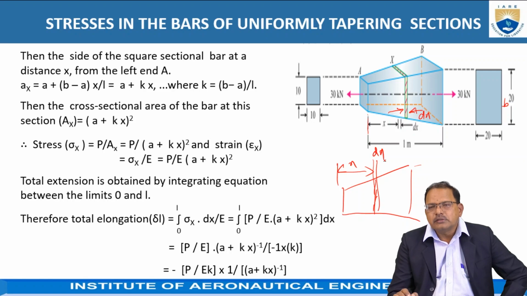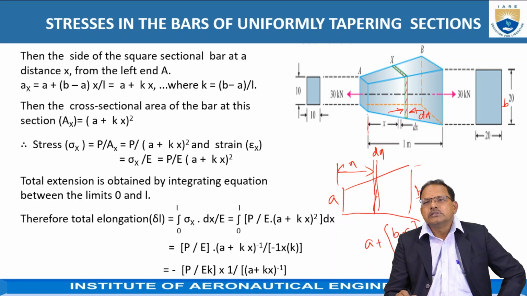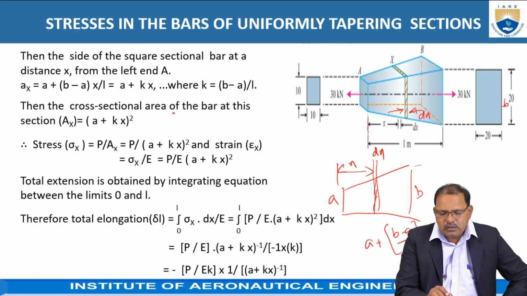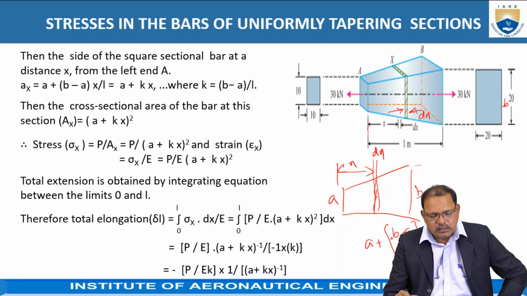Length is equal to dx. A is given, B is given, which is equal to A plus (B minus A) divided by L, at a distance of x. So it can be written as A plus (B minus A) into x divided by L. In this one, B is representing the area at the bigger end and A is the area at the smaller end.